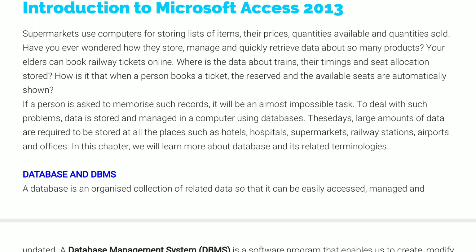Suppose we go to school to pay fee, there a software is used to access the database. All the information regarding you all students is stored in the database of the school, and this database is connected with a particular software through which your information is searched and your details can be fetched.